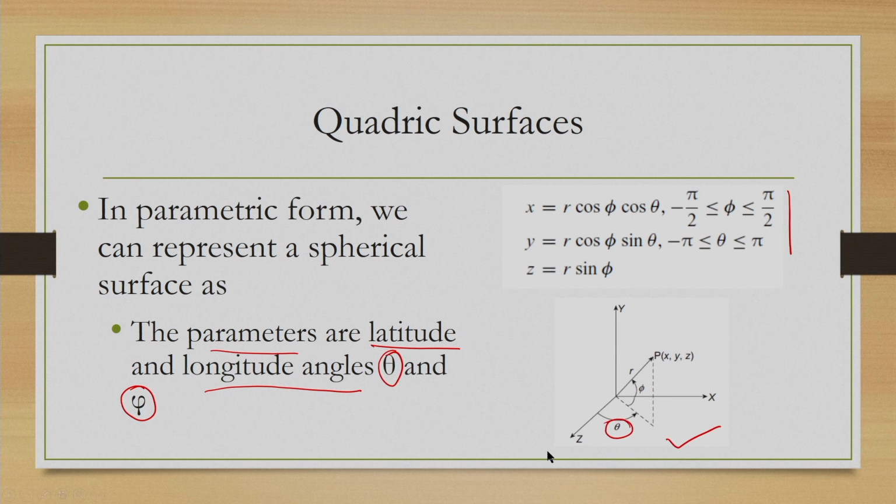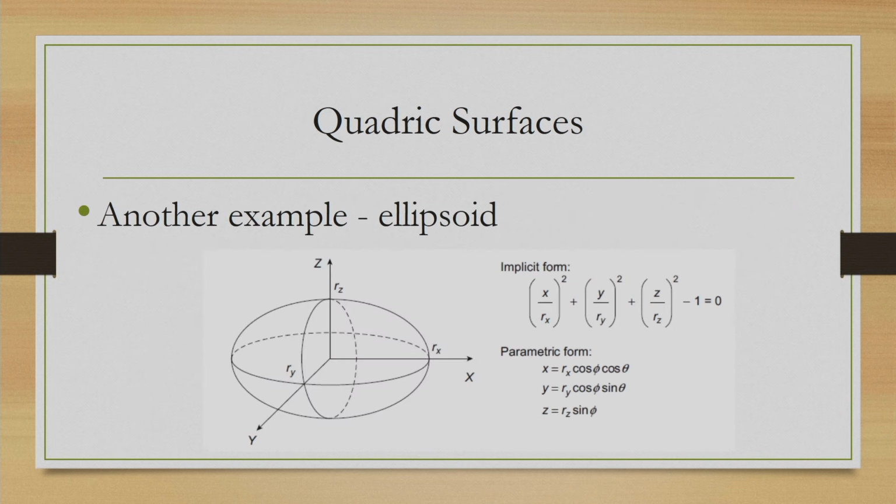Here this is the latitude angle and this is the longitude angle, and this P is a point on the sphere which is represented using the parameters. Similarly, we can represent an ellipsoid also, either in implicit form as shown here or in parametric form as shown here. This is another widely used quadric surface.